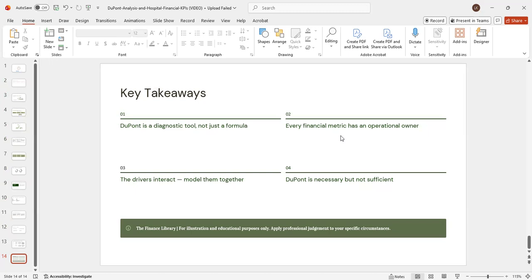And then finally, we noted that the DuPont equation is a very helpful and powerful tool, but it has its limitations, and we have to keep that in mind while using it in day-to-day decision making. So with that, we complete this video and the discussion of the use of the DuPont equation in hospital management.